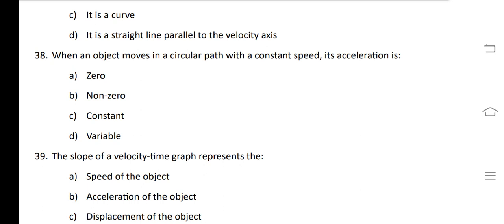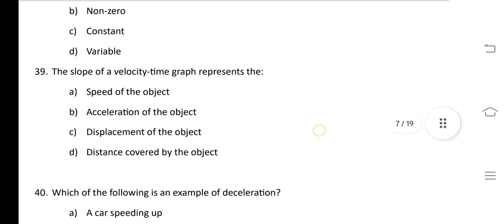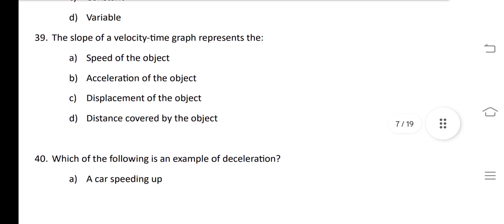Next question is, when an object moves in a circular path with a constant speed, its acceleration is non-zero because speed is constant, not the velocity. Move on to next question. The slope of velocity time graph will represent the acceleration of the object.